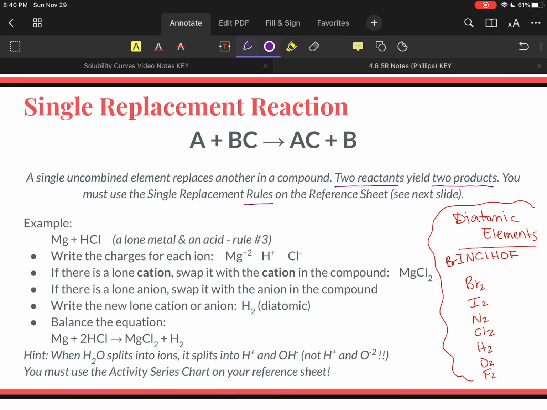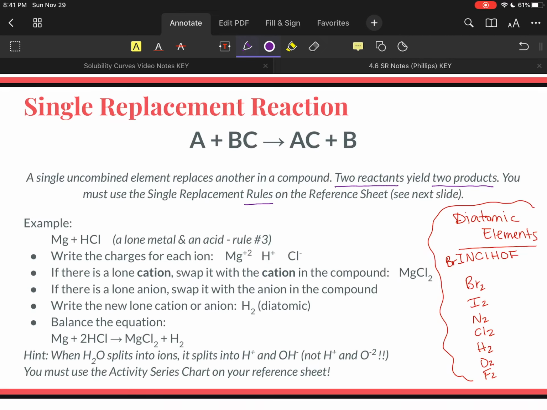So let's look at an example here. In the lab that you just completed, or in the video lab, tomorrow you'll do a simulation. In the video, you noticed how certain metals were much more reactive than other metals.